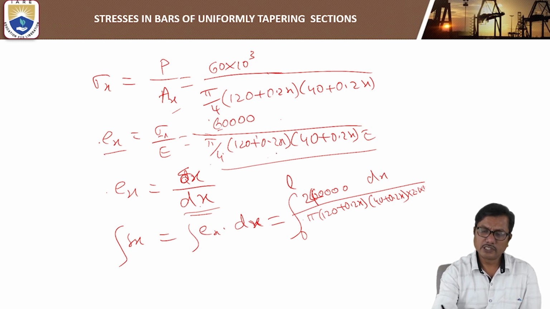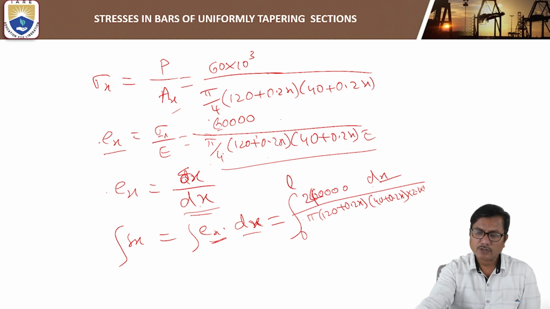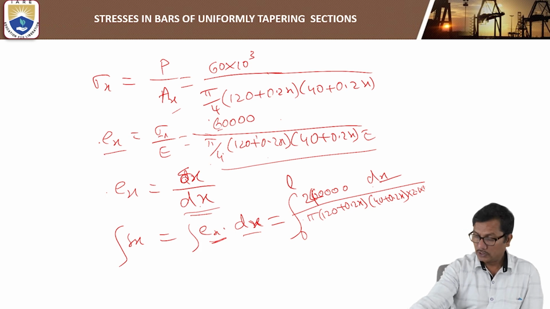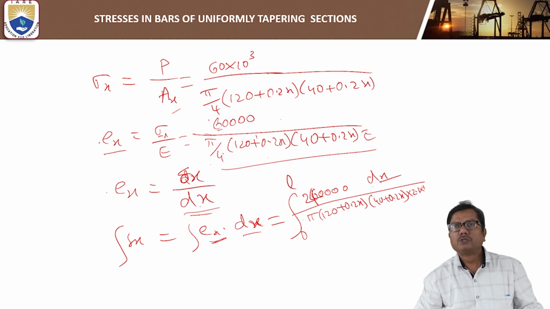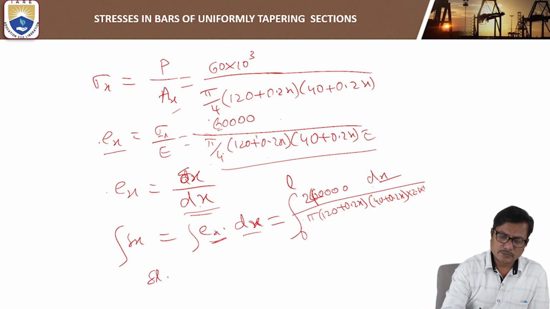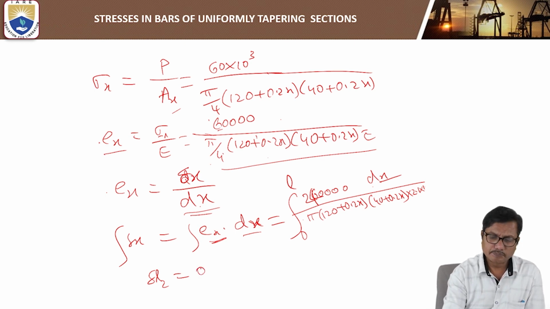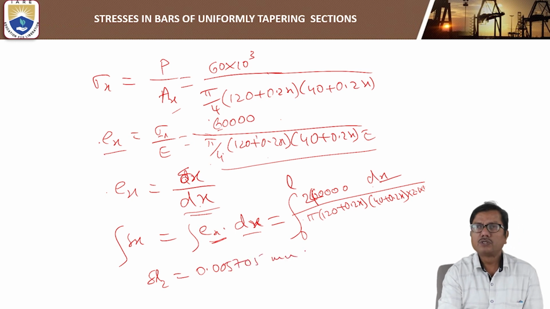By integrating this and substituting the values, you will get delta L2, the change in length of portion MN, as 0.005705 mm.